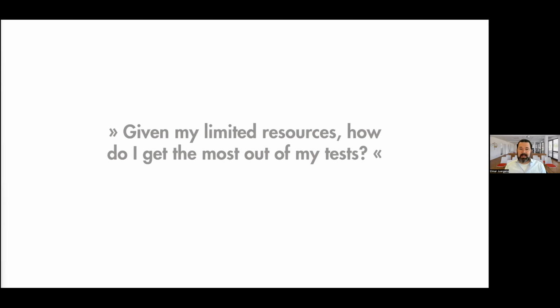So how can we get the most out of our test resources? And by the most, I mean, how can we find the most bugs in the given time or effort we have available for our testing? And to answer that, luckily, there's a big body of research knowledge. There's a whole research domain with several decades of research called defect prediction.